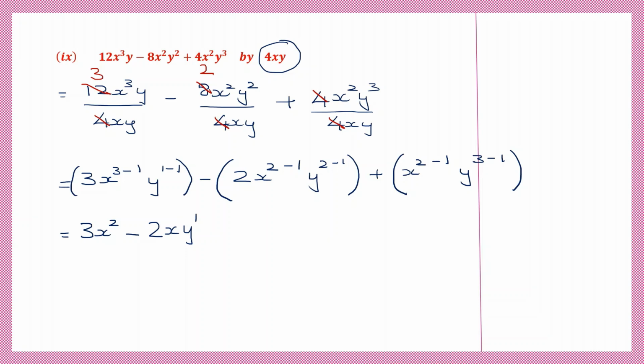So you can write x to the power of 1, y to the power of 1, or simply xy. Plus, we go to the last one, x to the power of 2 minus 1 is 1, and y to the power of 3 minus 1 is 2. So what is our final answer? So we can write this 3x square minus 2xy plus xy square. So this is our final answer.